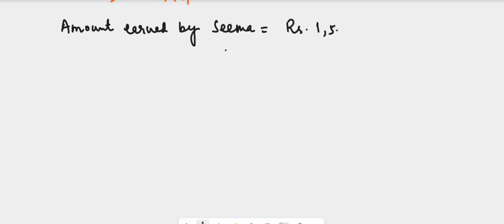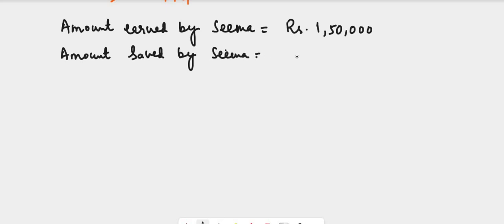So now we can start. Amount earned by Seema is equal to 1,50,000 rupees. Next, amount saved by Seema is equal to rupees 50,000.